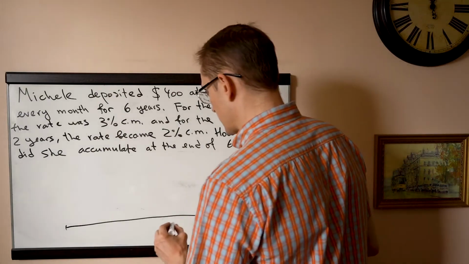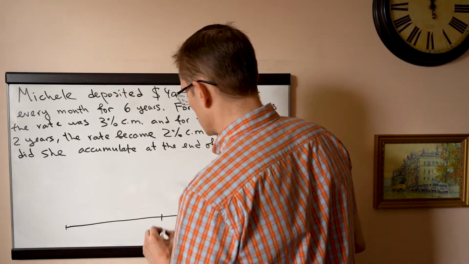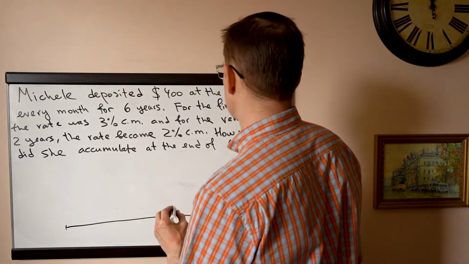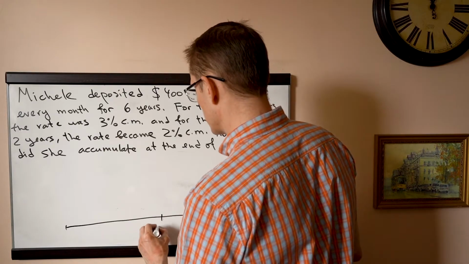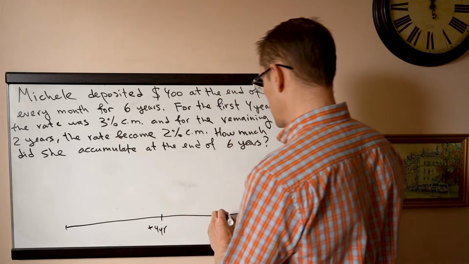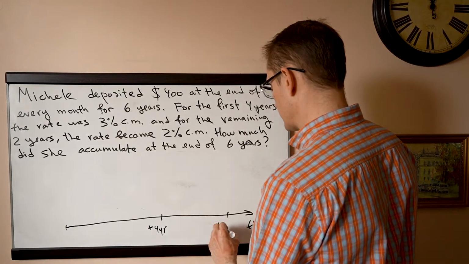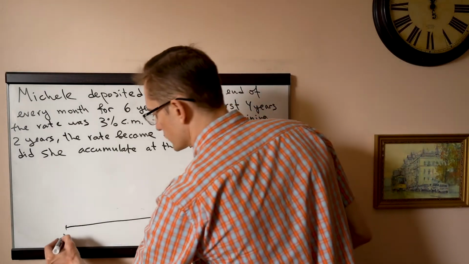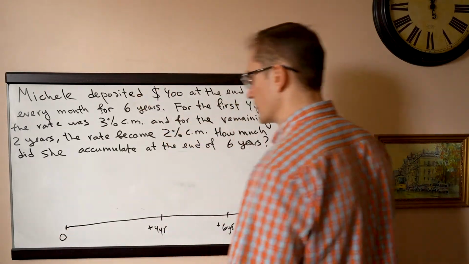So now, on this timeline, let's just put plus 4 years first. And then here somewhere plus 6 years. So which means that, and it's today, right? So time 0 is today.